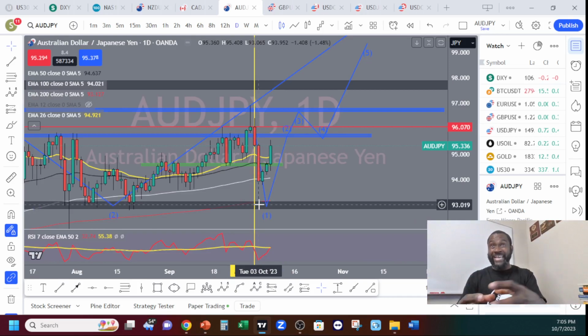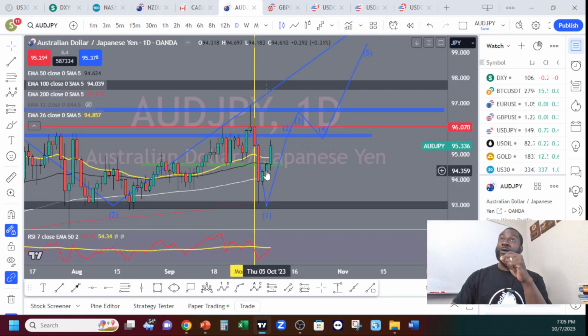Many things come together to tell you price will do what you said. You can see if you bought here, price continued to go up, and price is close to that daily support, daily resistance right here.